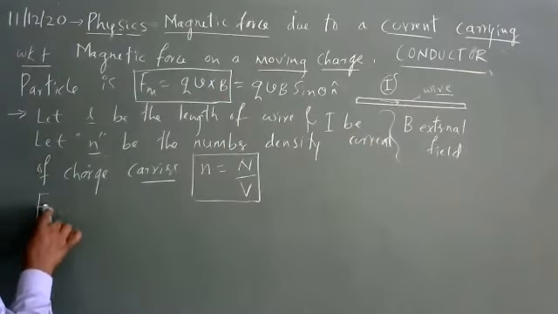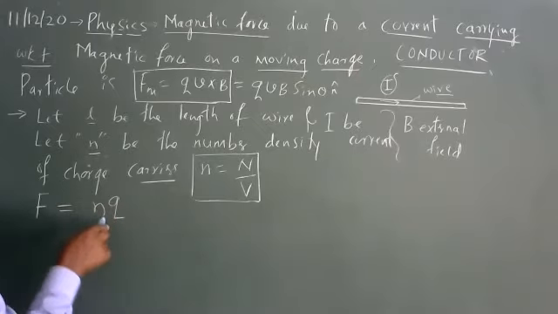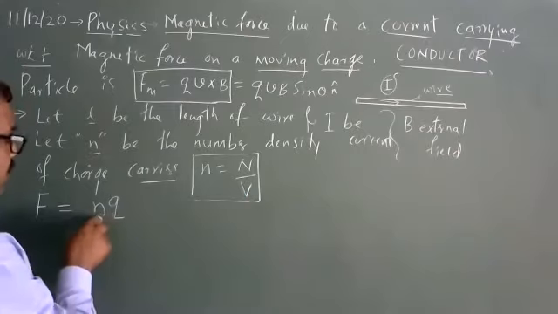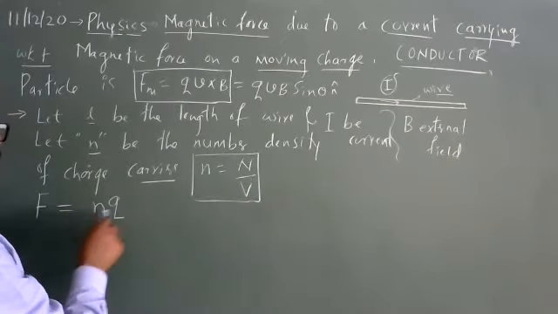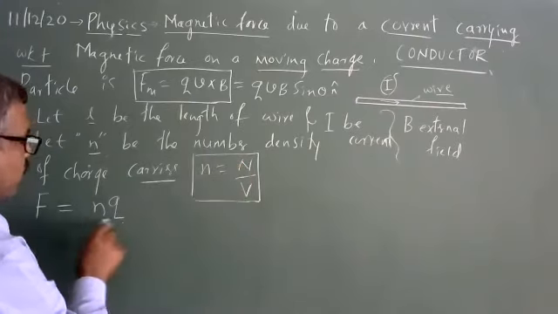F is n q, where n is the number of charge carriers per unit volume. Look at it, this formula has volume hidden, it is number into charge.